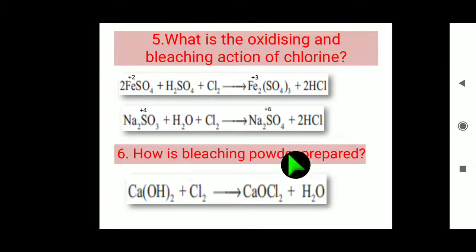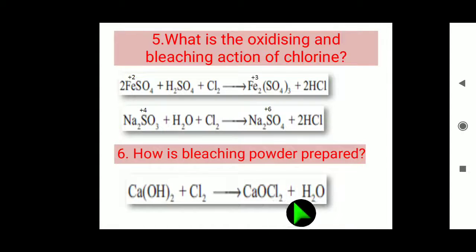Question number 6. How is bleaching powder prepared? Bleaching powder is nothing but calcium oxychloride, CaOCl2. When calcium hydroxide is treated with the chlorine gas, we can get calcium oxychloride with water.